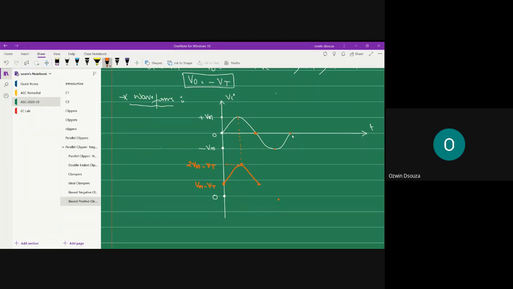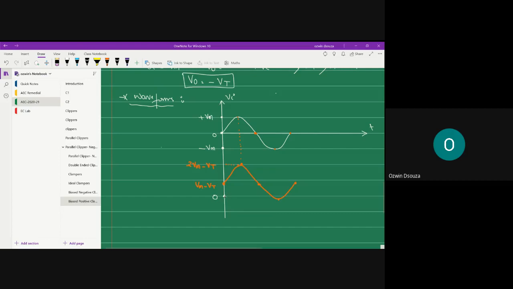And once again, when your input reaches 0 volt level, the output value will be at minus Vm minus Vt level. Fine. So this is your output waveform for a positive clamper.